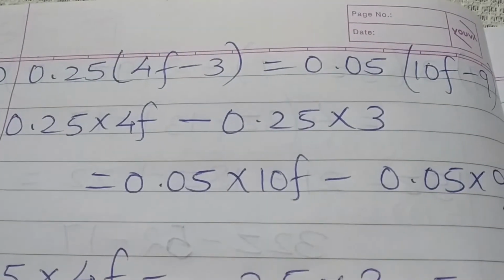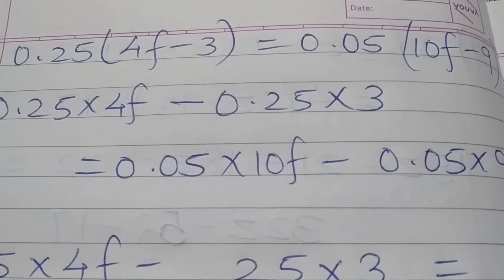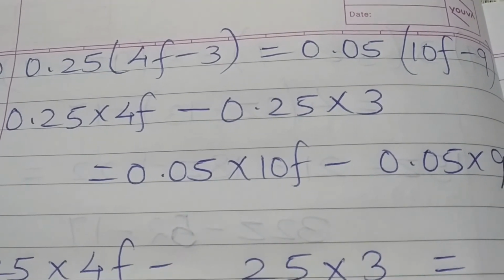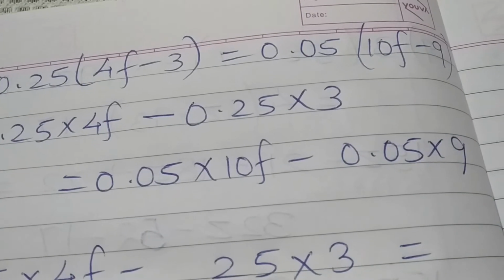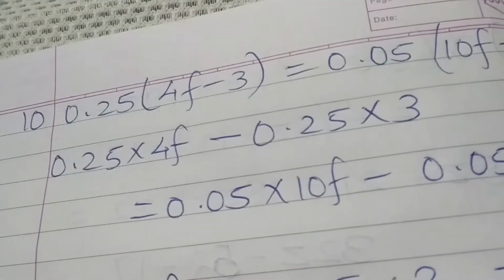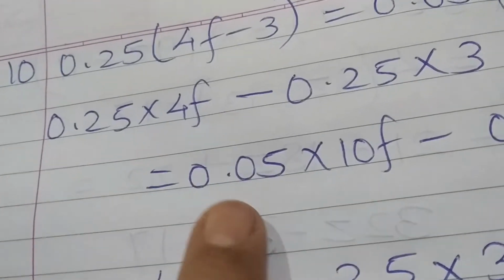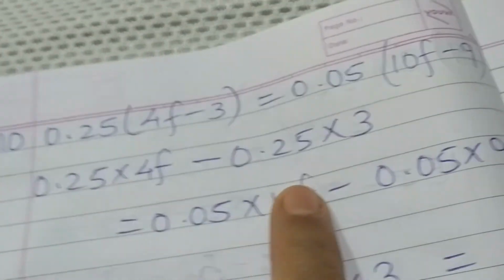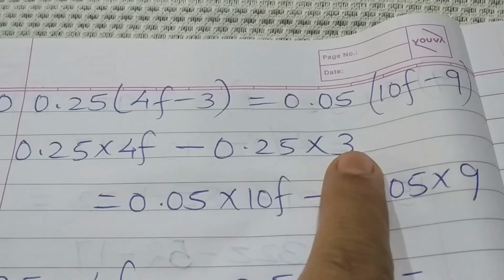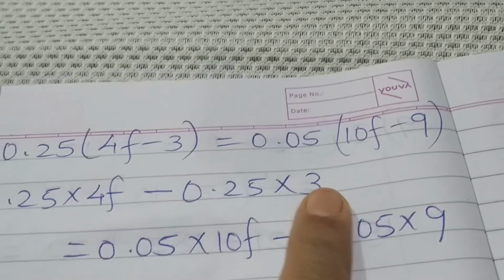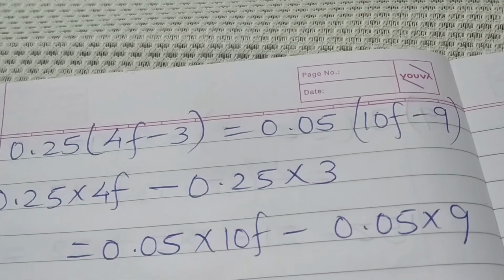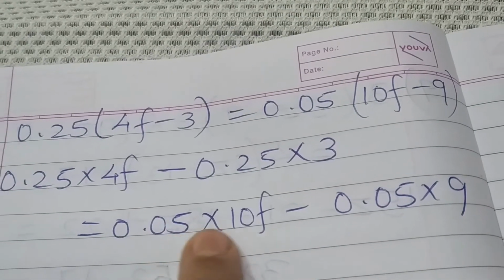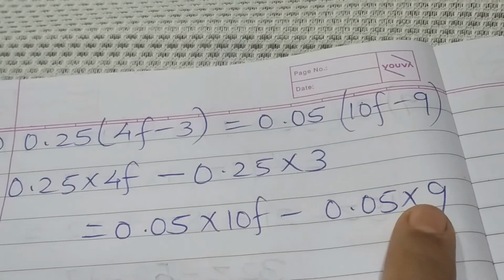0.25 into bracket 4f minus 3 is equal to 0.5 into bracket 10f minus 9. Don't worry, very easy. First multiply 0.25 into 4f minus 0.25 into 3 is equal to 0.5 into 10f minus 0.5 into 9.